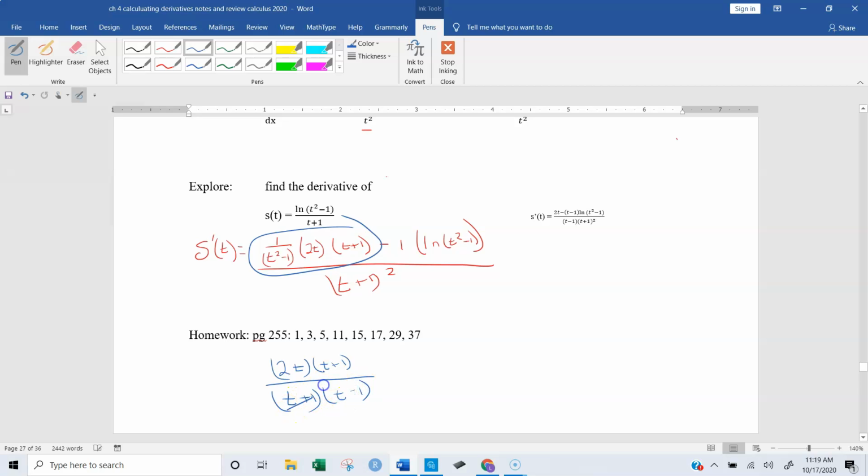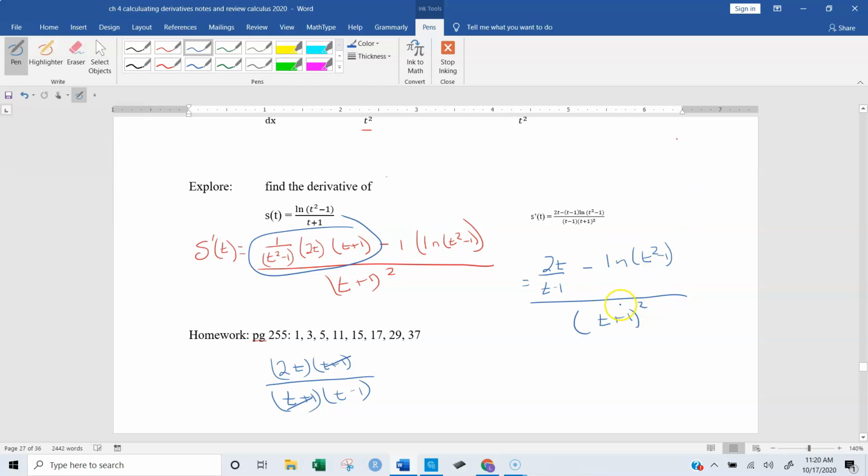So your t plus 1s are going to cancel, and you are left with 2t over t minus 1. All right, there's nothing we can do over here. So this is just minus the natural log of t squared minus 1 all over t plus 1 quantity squared.